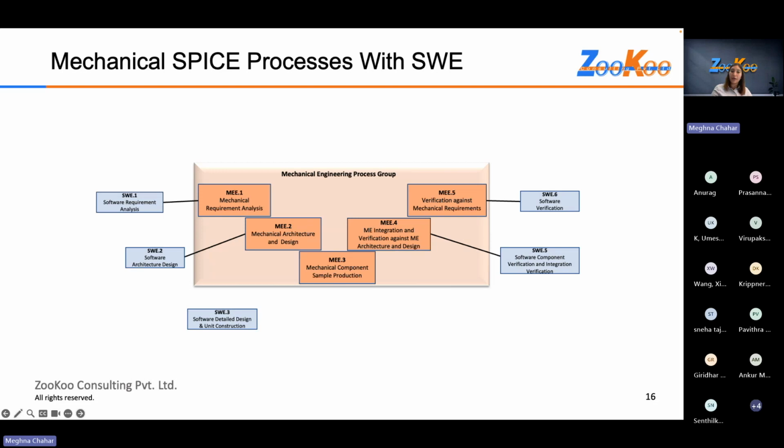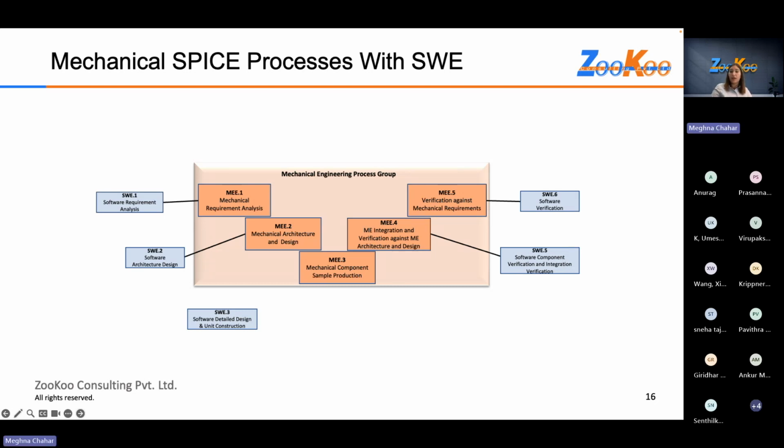And what we have tried to explain with a little more clarity is that if we take this process SWE3, which describes the model for Automotive SPICE, then we have both topics. As I was saying, we have two topics: detailed design and unit construction. Detailed design, we can interpret as a fine design of your component.